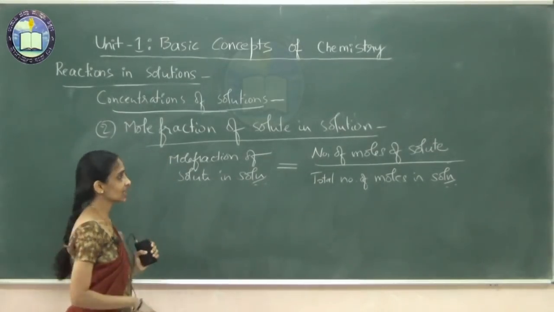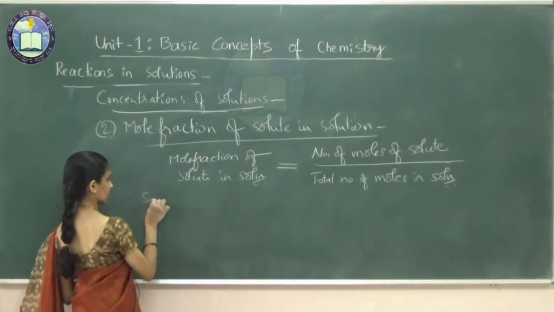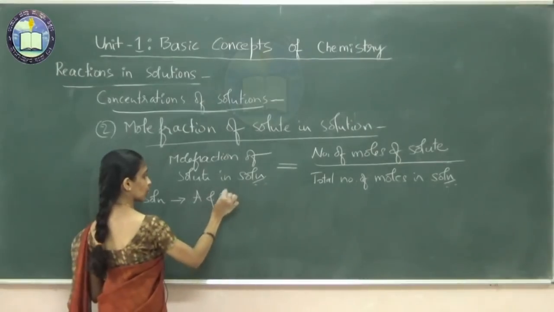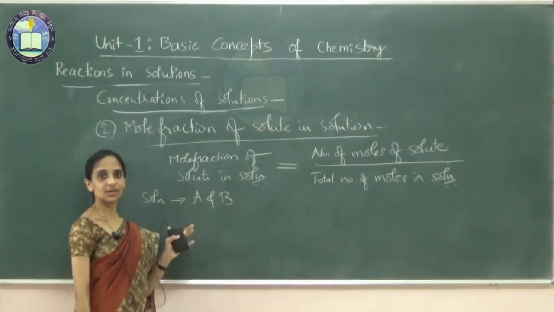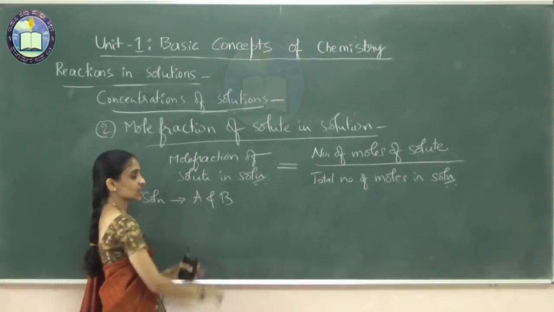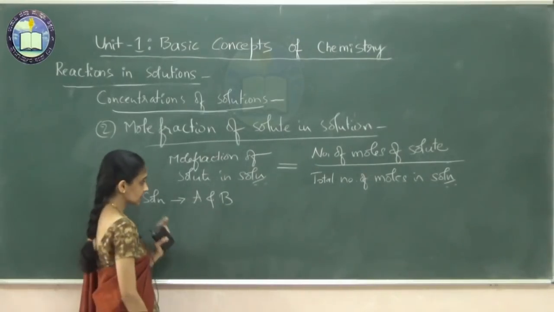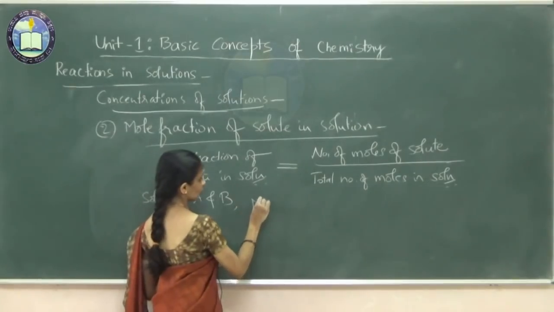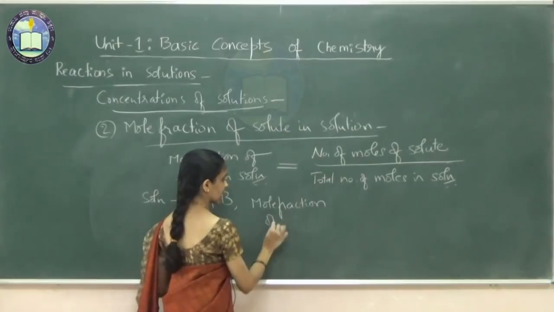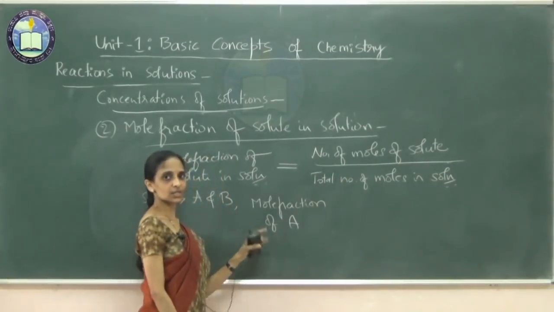I'll take an example. Imagine I have a solution made up of two components A and B. A is, say, the solute, B is, say, the solvent, then mole fraction of A is my solute.